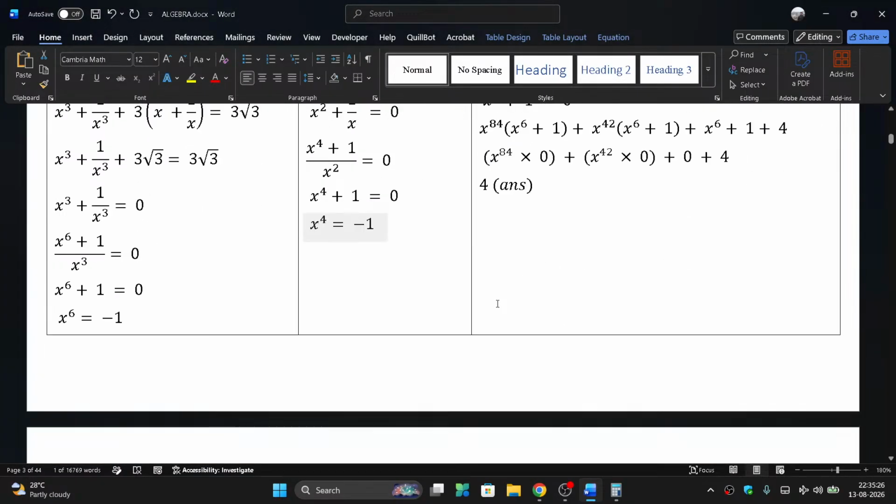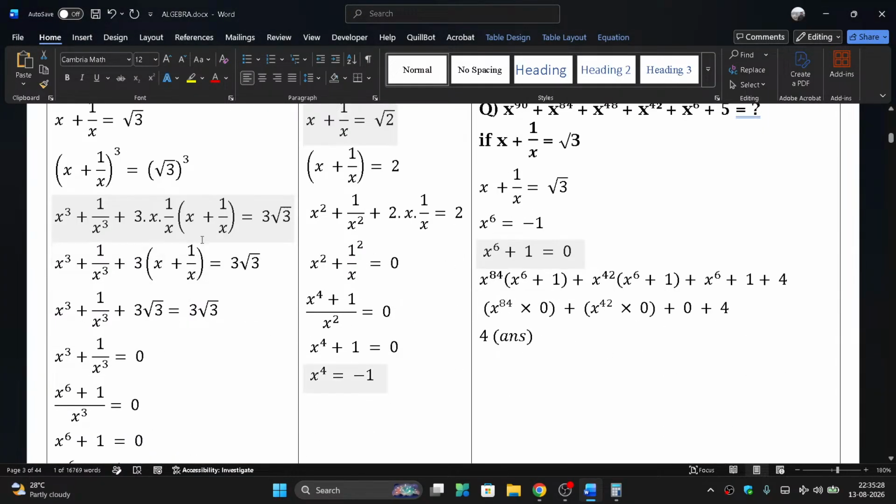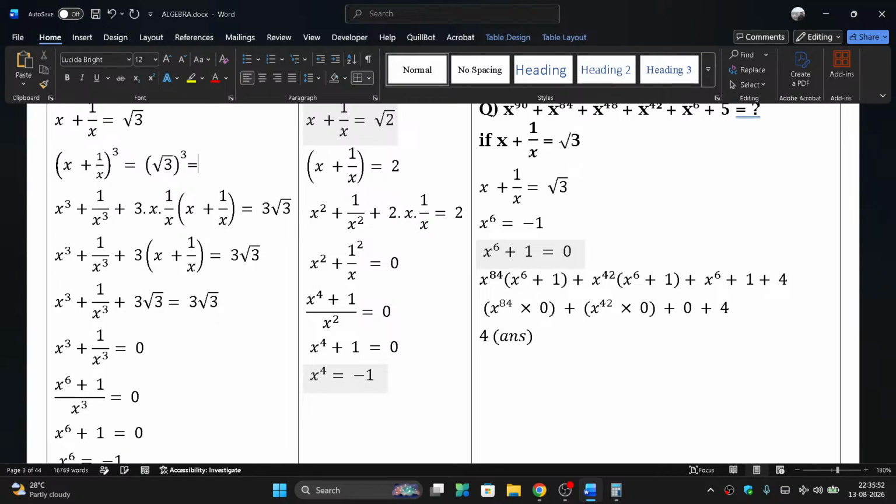Okay, so the thing is that this will cancel this, and it will be x cube plus 1 by x cube plus 3 times x plus 1 by x equals 3 root 3, because this is root 3 into root 3 into root 3. If you want a clear verification, write that it is root 3 into root 3 into root 3.